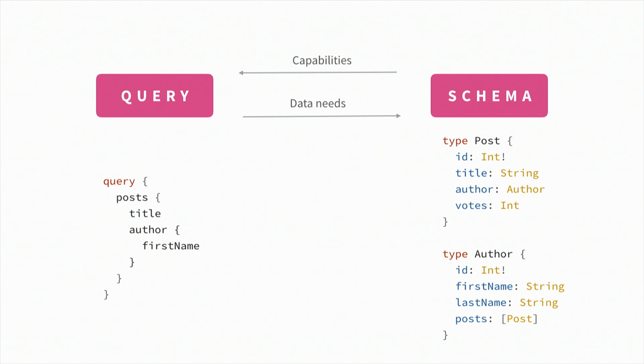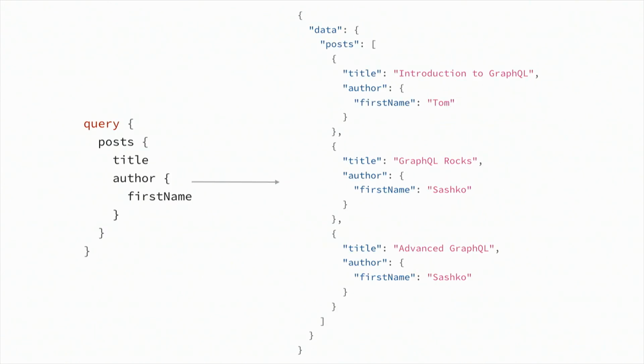So you have your schema on the server, you write your queries on the client, and you get the exact data you want. So this is a pretty big benefit for mobile apps. You only get the data you need, so that means you use less bandwidth, less processing. It also makes it easier to evolve your apps, to have multiple versions of your app running in parallel.